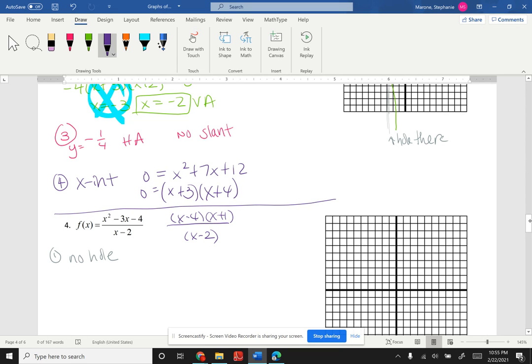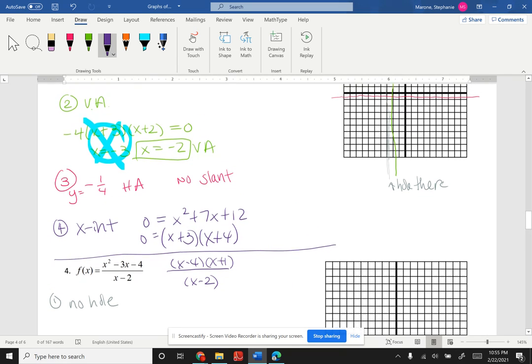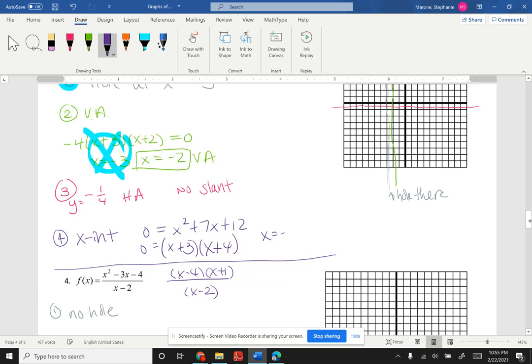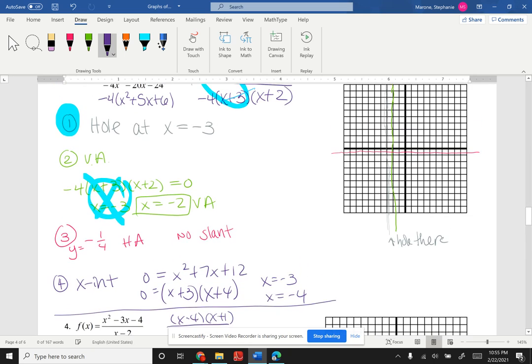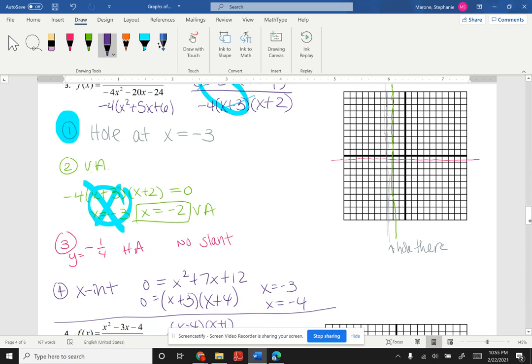So x equals -3 and x equals -4. But there can't be an x-intercept at -3 because there's a hole there.